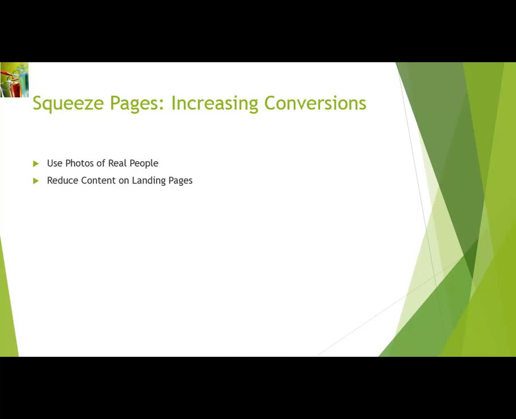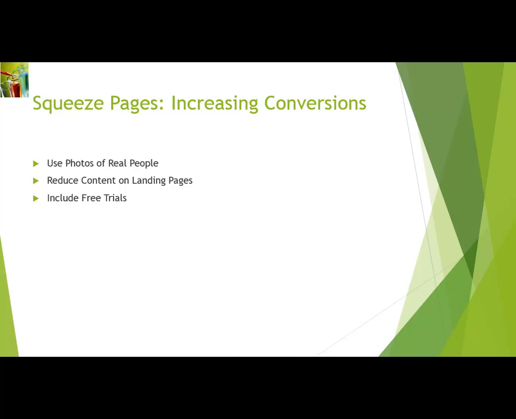There shouldn't be 2 or 3 things they can do, or a lot of other things they can click on. You want the absolute minimum content on those landing pages so that the visitor can take the action that you want them to take. Make sure that your landing page is clear of other things to check out.